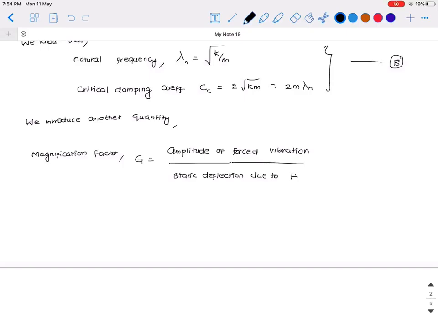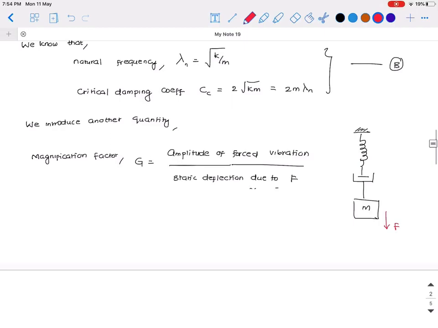Okay, so by static deflection due to F, what we mean is that we consider the spring mass dashpot system. Instead of a periodic force, we apply a constant force F here. Due to this force F, the mass will deflect by an amount x.